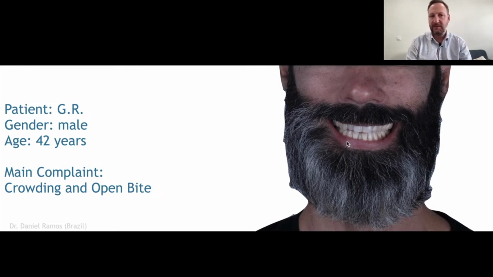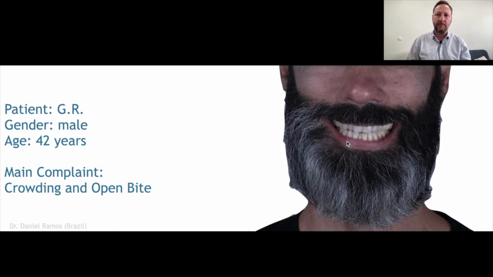Since he was from my city, he looked for me, and he said, Daniel, I want to treat, but it needs to be with some appliance that allows me to treat at a distance, okay? Because I'm going to the United States and I need to do the treatment from there. The first thing I eliminated was braces, right?